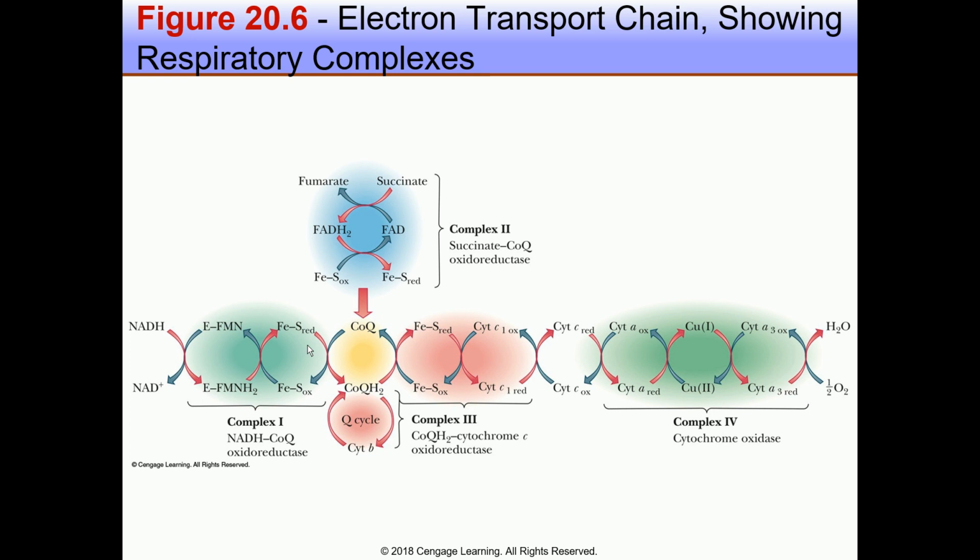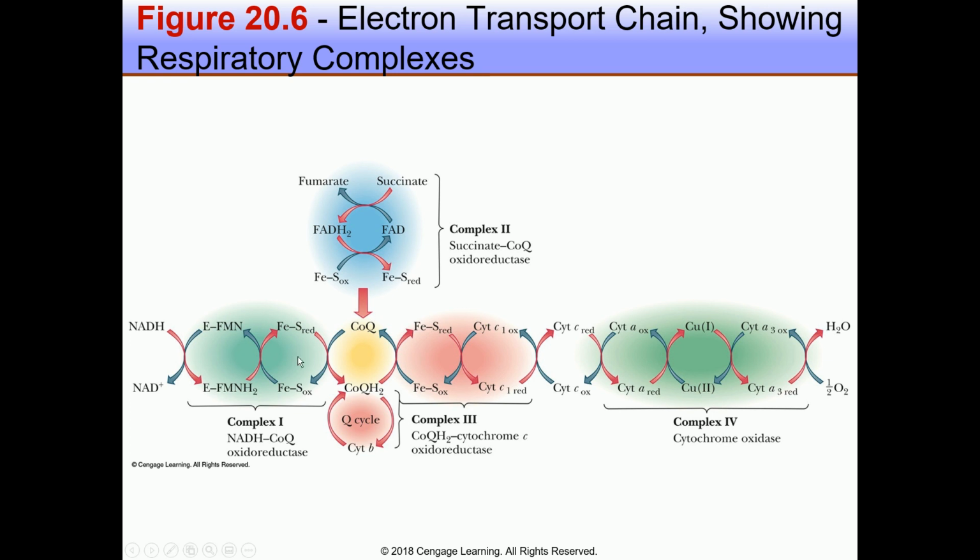And these electrons go through flavoproteins and then through iron sulfur containing proteins. When NADH delivers its electrons to flavoproteins, NADH itself gets oxidized and it reduces these proteins, and then this protein delivers the electrons to iron sulfur proteins.